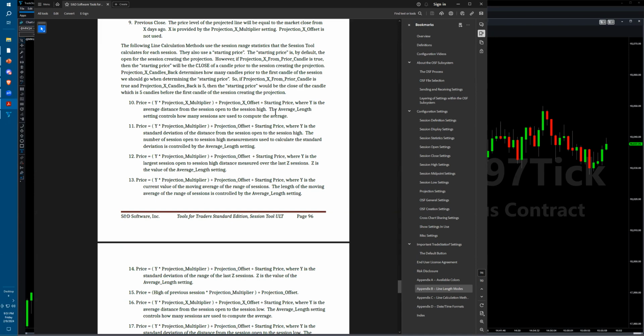So using this, when the new session starts, you can immediately have the tool project where the high of the session might be based on the average of the distance from the open to the high. And of course, there's a corresponding formula that comes later for dealing with the open to the low, so going in the other direction.